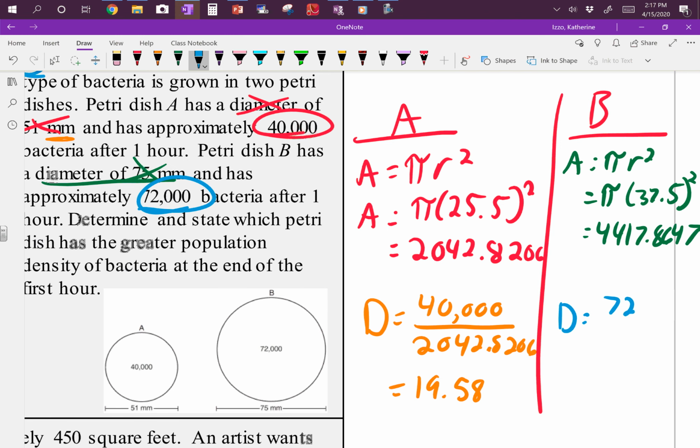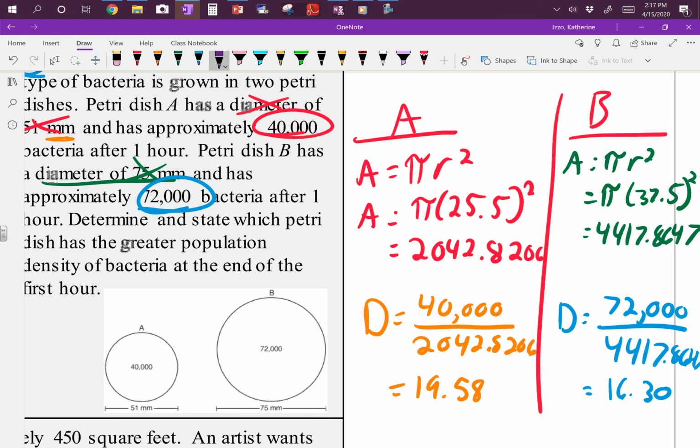Density of 72,000 bacteria over this much area. For 1 little millimeter of space, how many bacteria are crammed in there? 16.297, round that to 3.